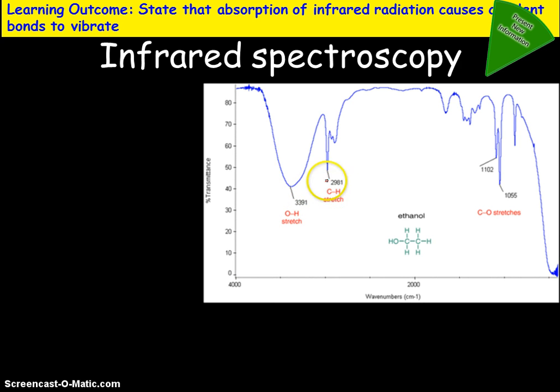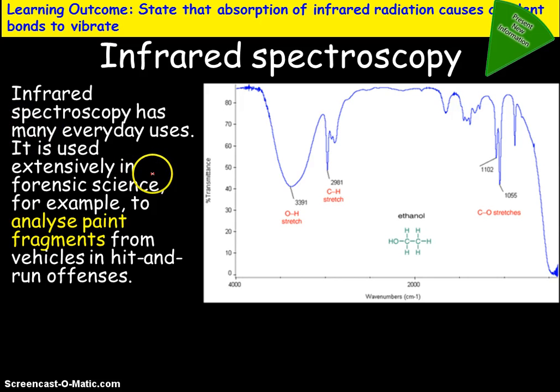You also always get, around about 3,000, a vibration that corresponds to CH bond vibrations, and also we're going to get a CO vibration here. That's much further down the spectra, and we don't tend to focus on this region because this is the fingerprint region.